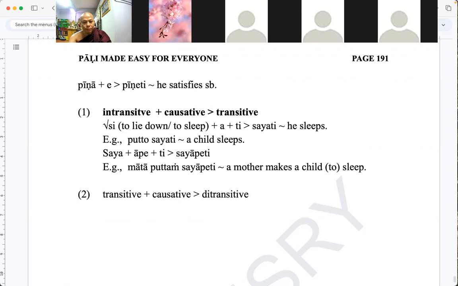So for example, batch. Batch means to cook. Okay, so with the sign R and then D, budget D, he cooks. Okay, here is an example.